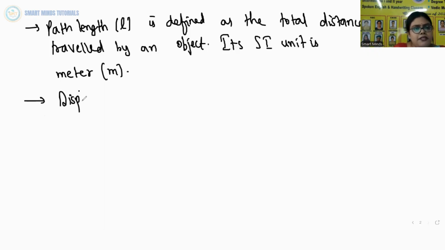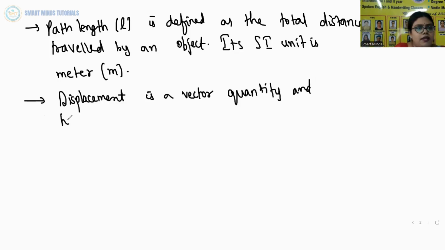Now, displacement is a vector quantity. Why is it called a vector quantity? Because it has both magnitude and direction.